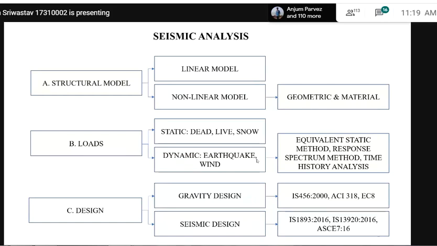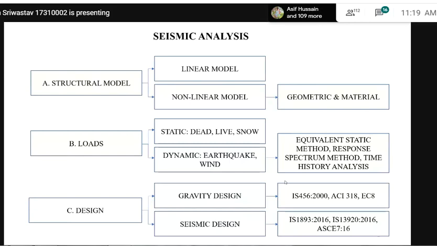Now here comes another branch of designing called seismic design, in which we cover earthquake as well, in addition to the gravity load. If you know how to design by using IS 456, it will be very convenient for you to design it for seismic loads as well.